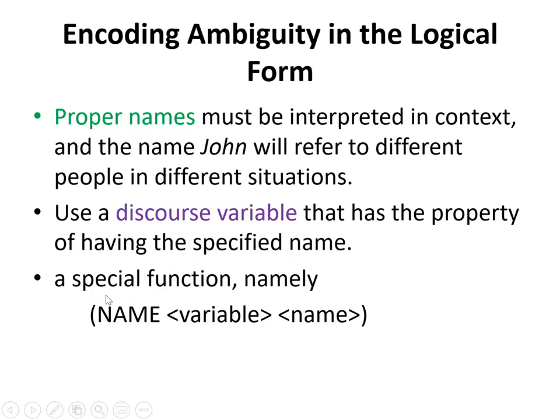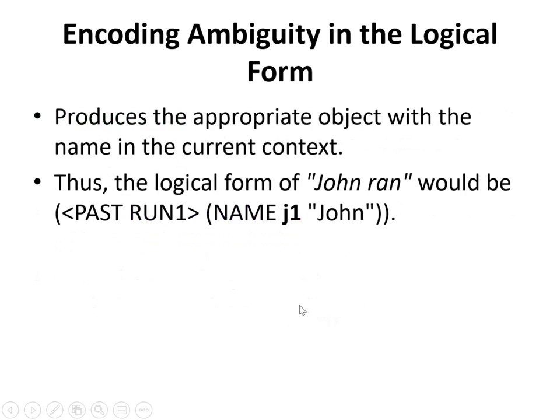That's why we can use a name as an operator, where we present the name, the variable and the actual name. For example, take the logical form John ran. That can be represented as name J1, and J1 is represented as John, who ran. So past, run 1.